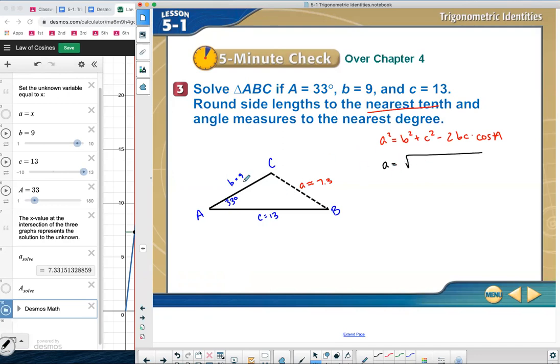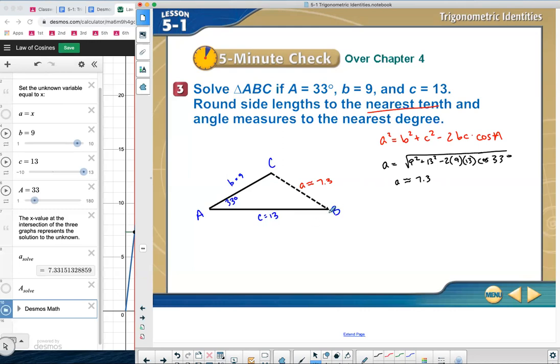So a would be the square root of 9 squared plus 13 squared minus 2 times 9 times 13 times the cosine of 33 degrees. That right there is the math that the calculator did to get that number, which is approximately 7.3.